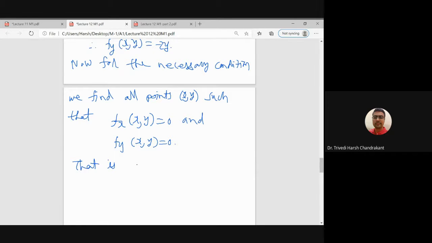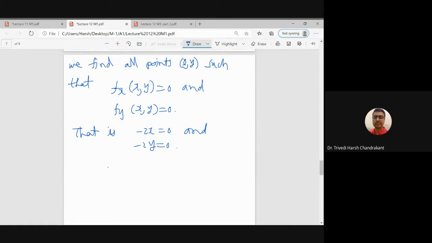So our fx is minus 2x, which is 0, and minus 2y is 0. So both the equations are satisfied. The first equation will give us x is 0 and y is 0.